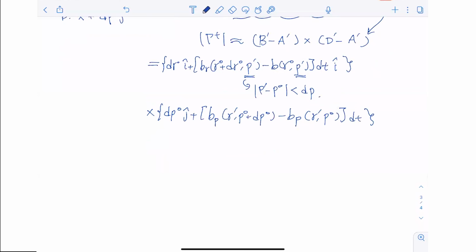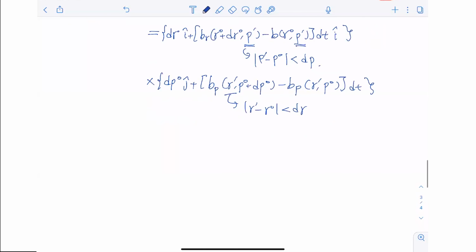And again, by a similar concept, we require R prime to be not too far away from R naught. Okay. So just very brute force, just expand the brackets. Then what you have is that this volume looks like this.